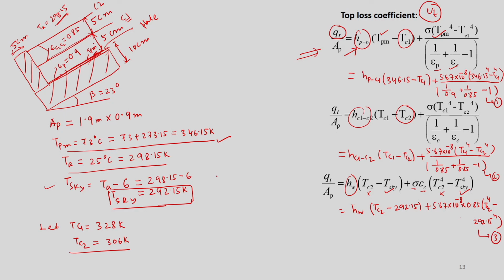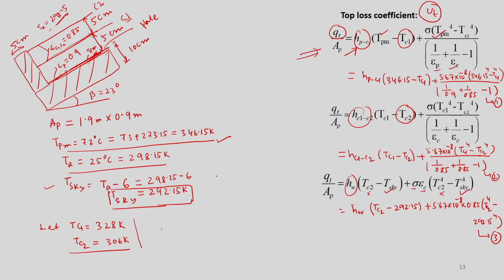So, that is how we have considered 328, which is more than the average of this TA and TPM, and TC2 is 306 we have considered. Just we are assuming this value, because we have to do trial and error. So, there will be two values of TC1 and TC2 which give the same result of all the three expressions. So, once it is matched, then we can say that it is converged. So, this TC1 and TC2 we have assumed.